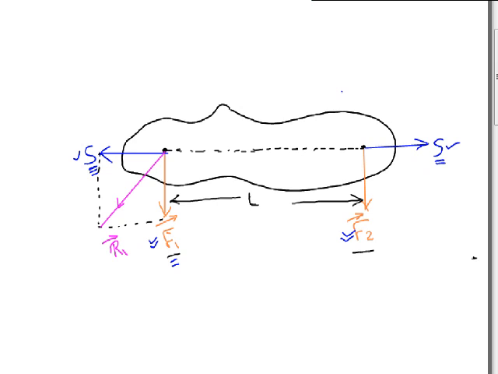Similarly, the resultant of forces F2 bar and S bar can also be found by applying parallelogram law here. Complete the parallelogram and draw the major diagonal.